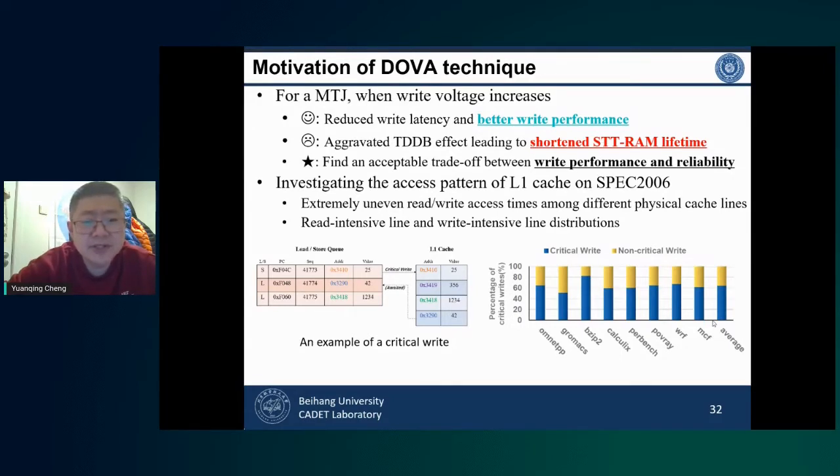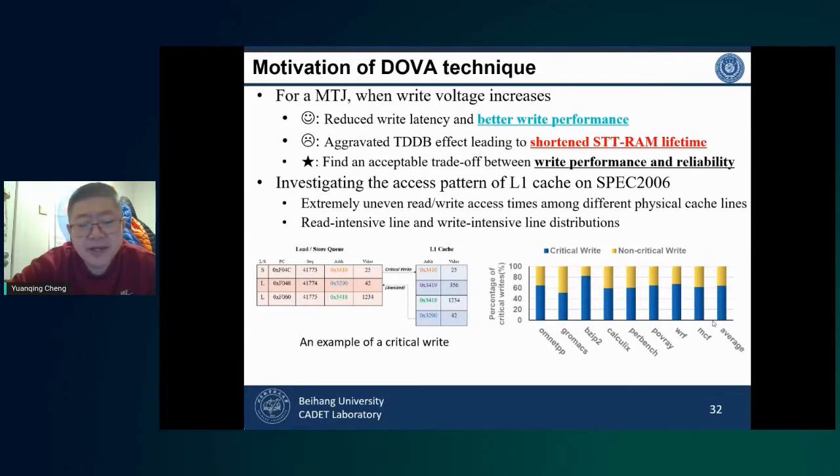Because the write voltage has a very large impact on the TDDB effect, can we adaptively apply the write voltage, without only applying a single voltage for the MTJ access? So we try to find an acceptable trade-off between the write performance and reliability.